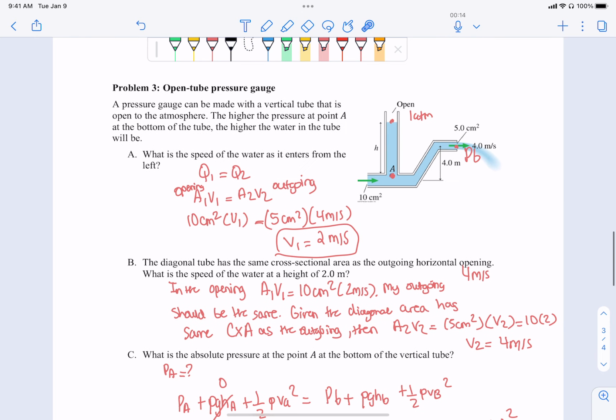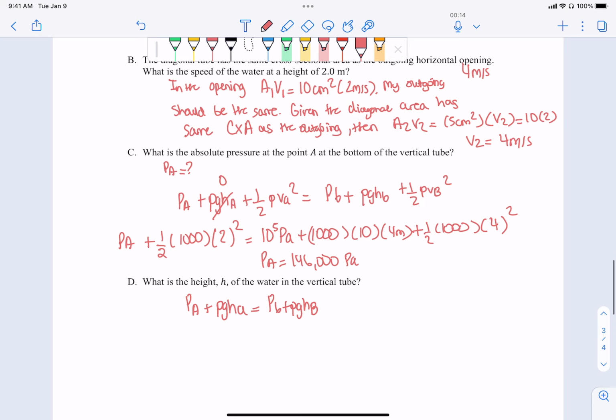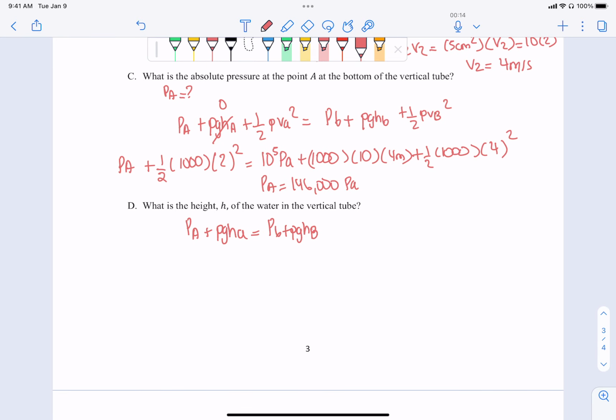And once again, this is point A, and this is point B. So we know that the pressure at A was 146,000, and someone said before that the pressure at B was atmospheric pressure, so it was 10 to the 5th pascals.